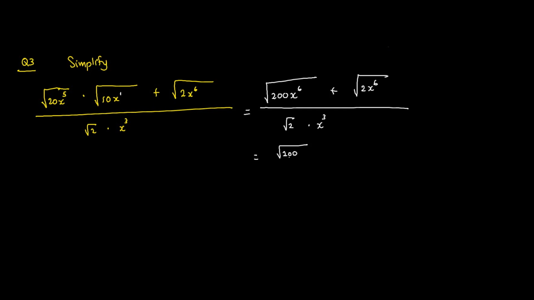I'm going to split that up into the square root of 200 times the square root of x raised to the power 6, plus the square root of 2 times the square root of x raised to the power 6 all over the square root of 2 times x raised to the power 3, right?